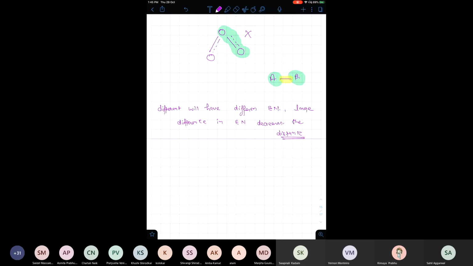More electronegative element attracts other atom as well, or you can say the shared pair of electron towards itself. So bond length decreases. Different atoms के अंदर bond length decrease हो जाती है. So we want same atoms to get the perfect answer. Understood?